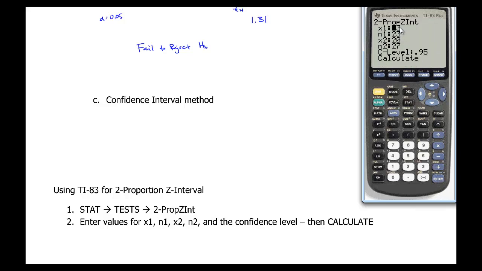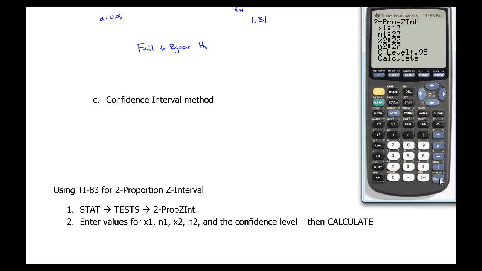Okay. The first sample had 13 out of 23. The second sample had 20 out of 27. The confidence level, we were given an alpha of 0.05 to work with, and the confidence level that corresponds to that is 0.95. They have to add up to 1, so 0.05 alpha and 0.95 confidence level.